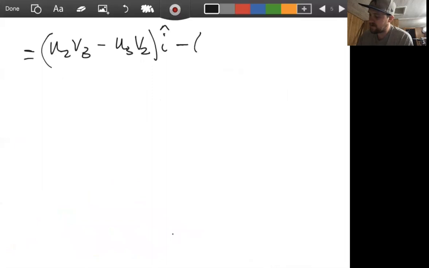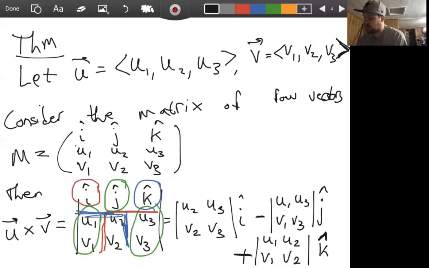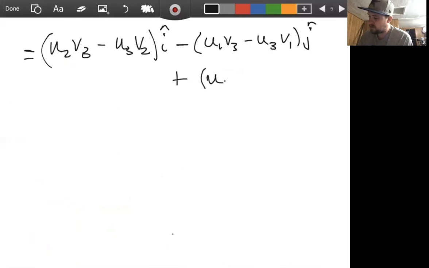So minus u1v3 minus u3v1 j hat, and then plus, the 2x2 determinant of the submatrix in front of K would be u1v2 minus u2v1. So u1v2 minus u2v1 K hat. And this is exactly the formula for cross product that we derived in the previous video.